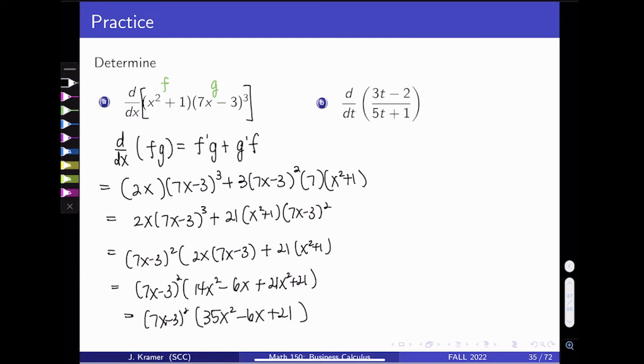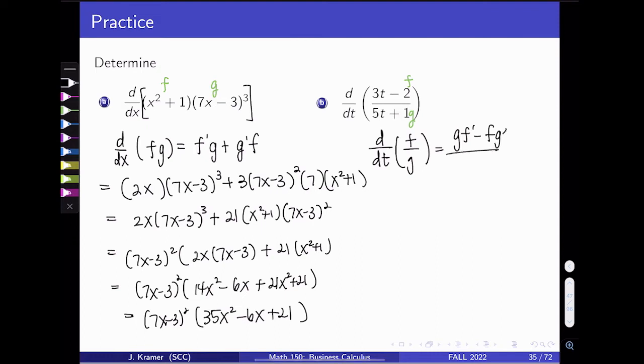For part B, we're looking at a quotient. So again, I'm going to label the top function f and the bottom function g. And when I take the derivative with respect to t, that's going to be the independent variable here, of f over g, we have low d high minus high d low all over the bottom squared.